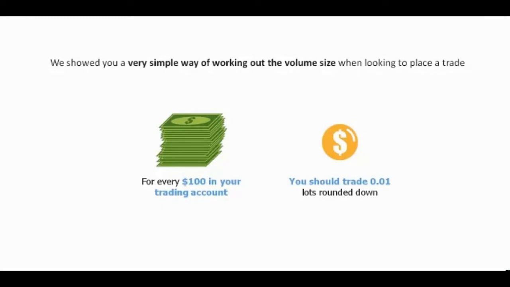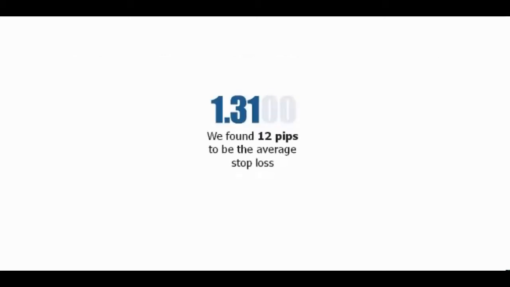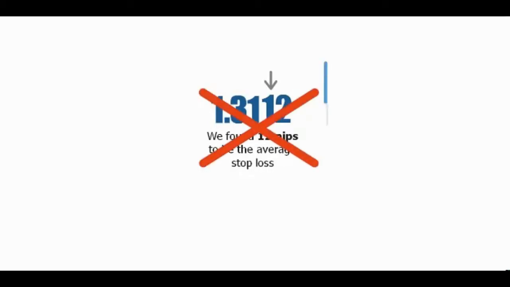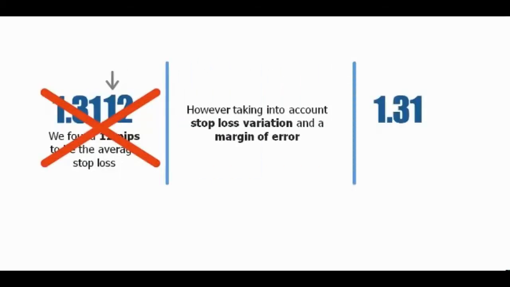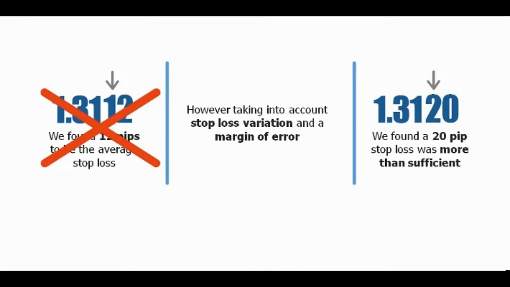Following the money management rule, for every $100 in your trading account, you should trade 0.01 lots, rounded down. After testing, we found 12 pips to be the average stop loss. However, taking into account stop loss variation and a margin of error, we found that a 20 pip stop loss was more than sufficient when trading the beginner strategy.